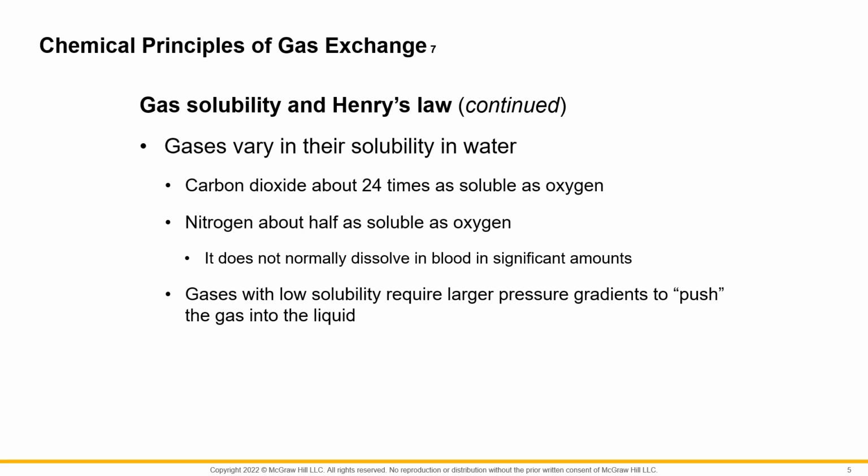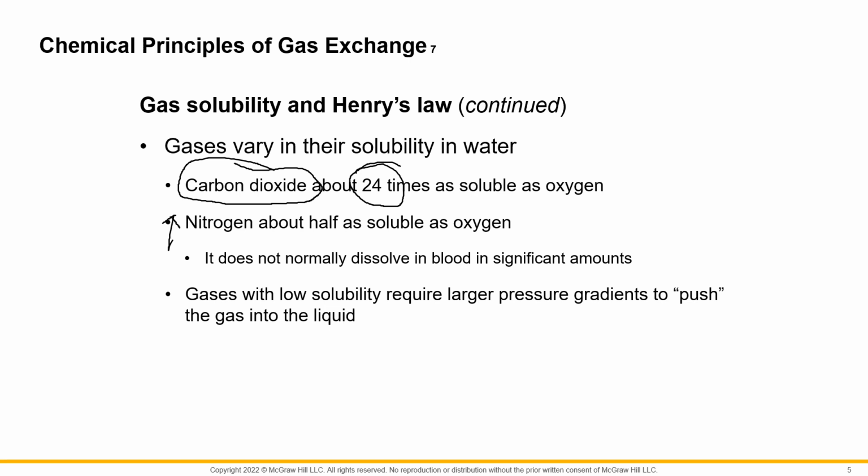Carbon dioxide, because it has a higher solubility coefficient, is about 24 times more soluble than oxygen. Nitrogen gas, although it is at higher pressure, has a lower solubility coefficient.